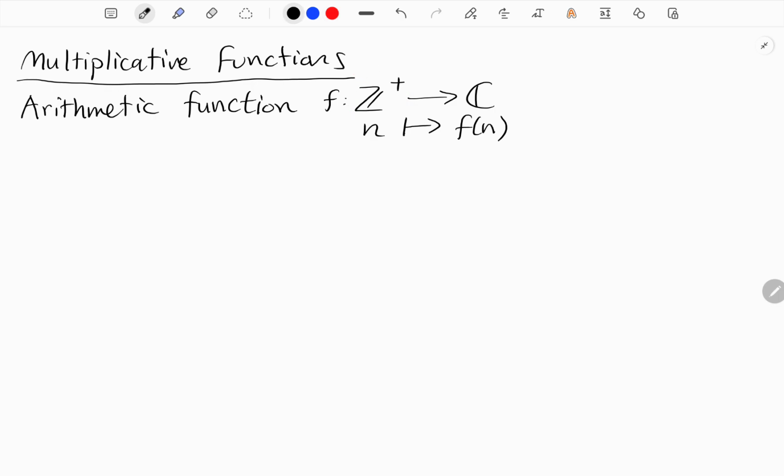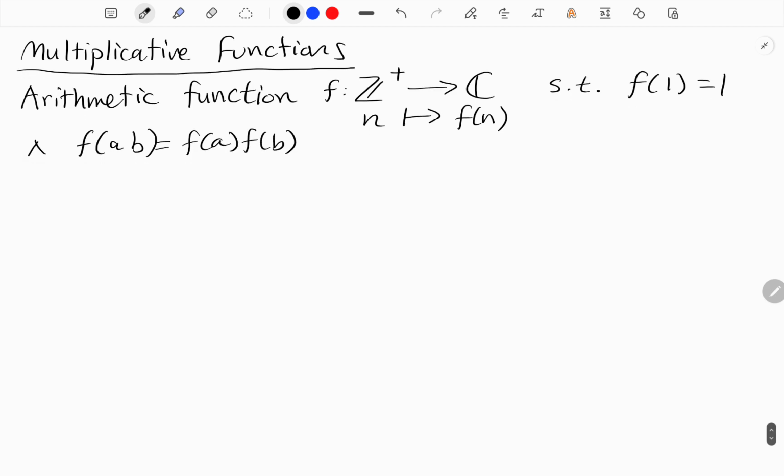Okay, so multiplicative functions are arithmetic functions such that f of 1 is equal to 1, and f of a times b is equal to f of a times f of b if GCD of a and b is equal to 1. So if a and b are co-prime, then the function of the product is just the product of their functions.